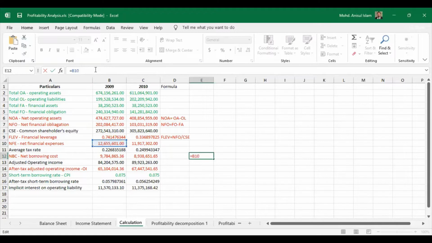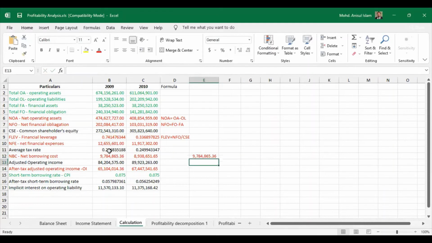How? If we subtract the tax percentage from the net financial expenses, we can estimate how much my after-tax net financial expenses are. Here we have identified this term as the net borrowing cost.